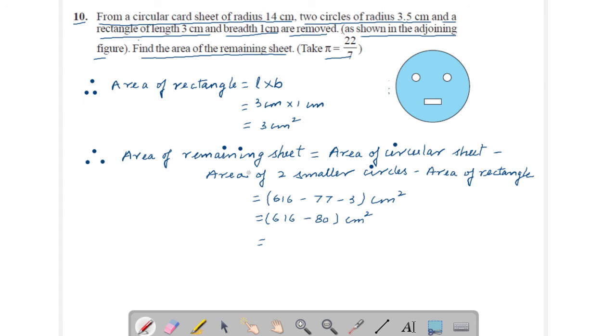We will get 536 centimeters square. Therefore, area of remaining sheet is 536 centimeters square. This is your answer.